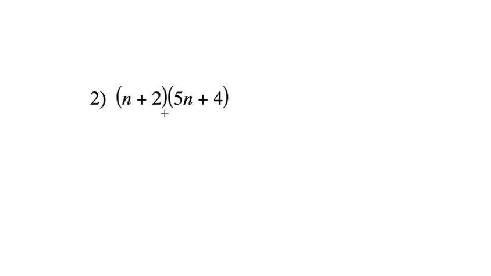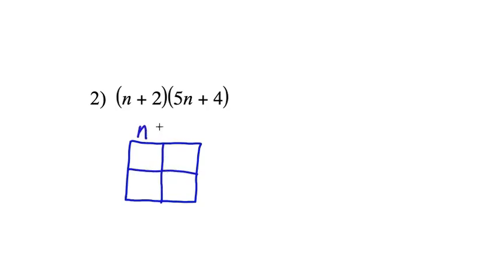Let's try another one. n plus 2 times 5n plus 4. Once again, we're multiplying two binomials, so we're going to have 4 little multiplication problems. So let's go ahead and we'll use a box diagram to organize those 4 multiplication problems. I'll write n plus 2 across the top and 5n plus 4 along the side.